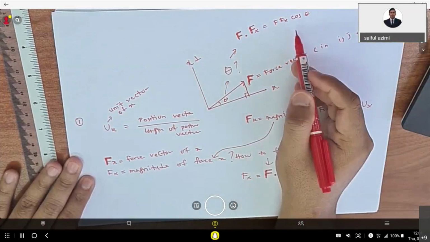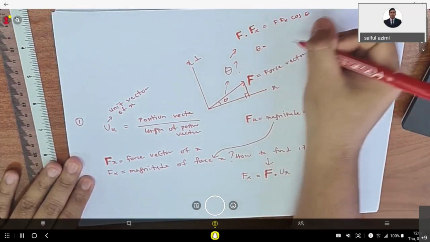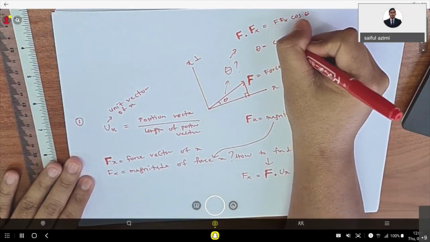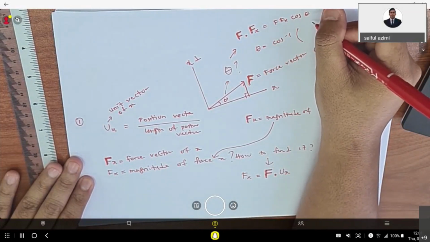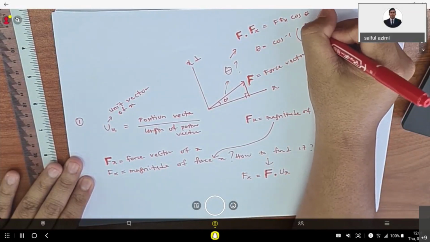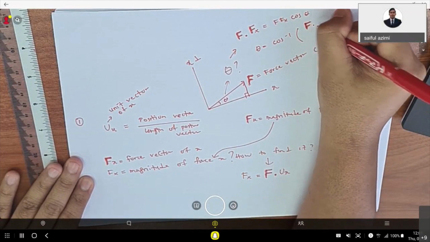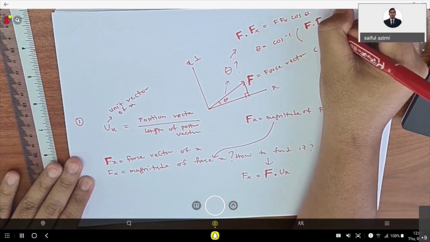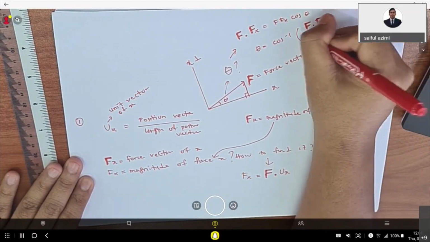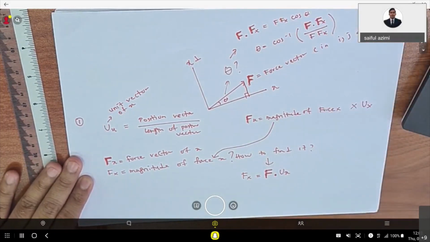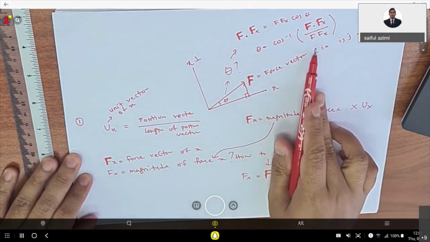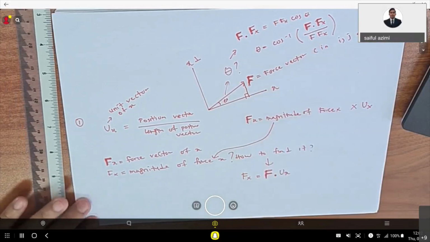So you move it, theta equals cos inverse of the dot product of F and Fx over F times Fx. So this is how you can find it.